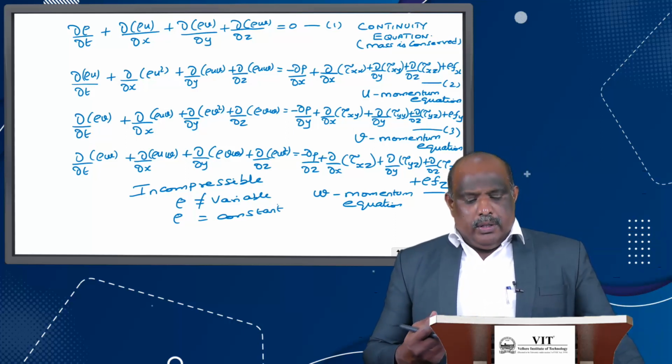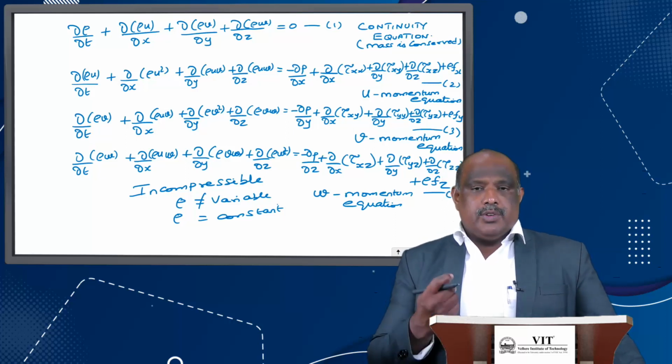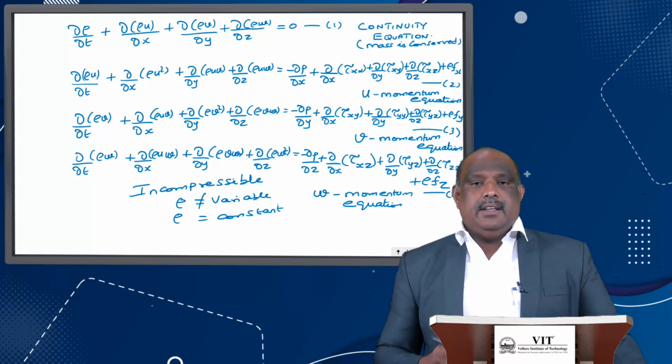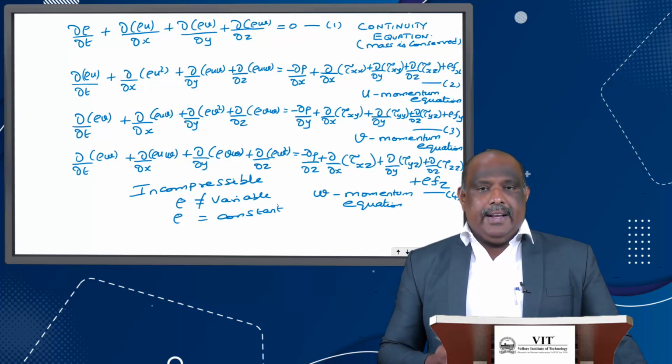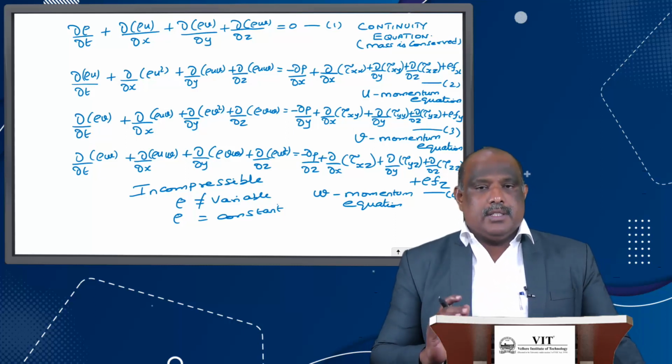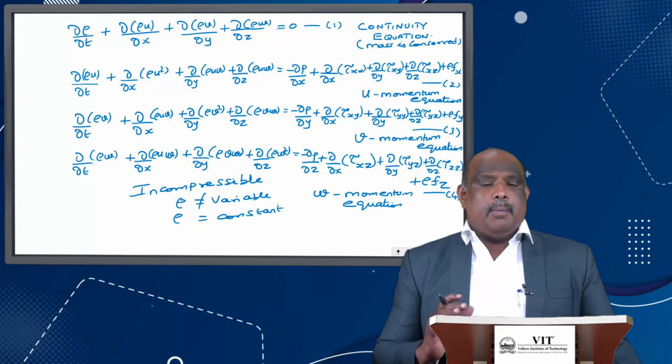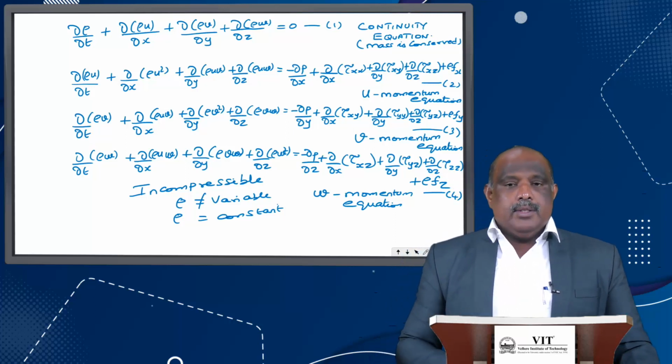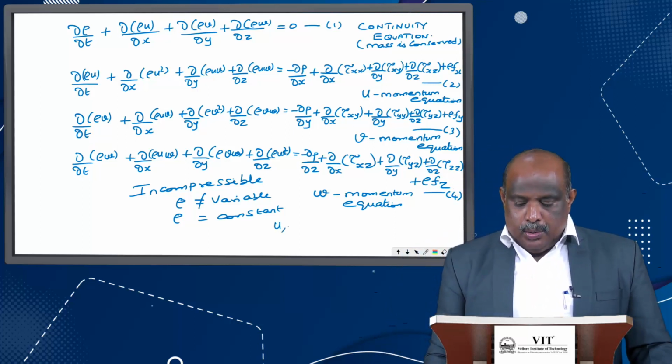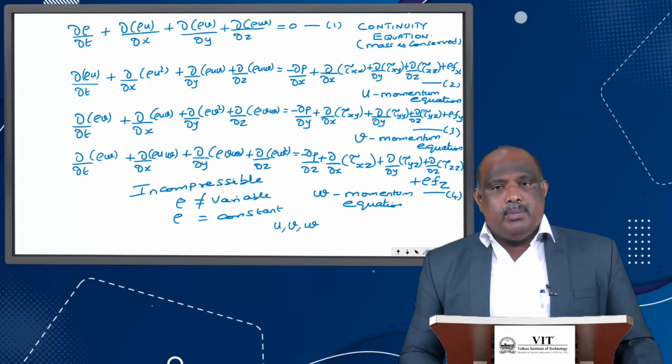So now from these four equations, what is our intention? Our intention is to find, because rho is already known, because a constant is not going to vary. We know the type of fluid and it is not going to vary. So here the variables are u, v, w and what is the one more variable?